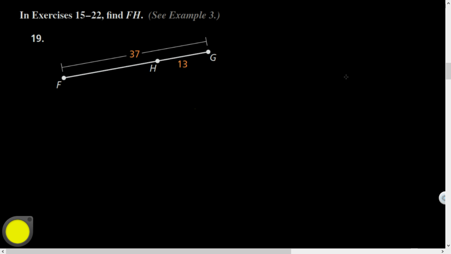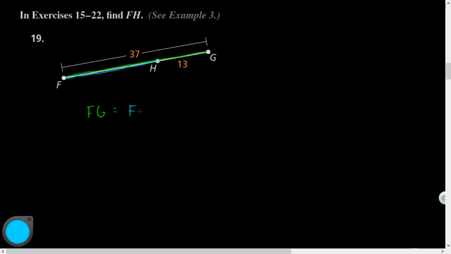Okay, then we had the segment addition postulate, something that you should accept as true regardless of proof. This is the idea that the large segment's length is equal to the sum of the two shorter segments.